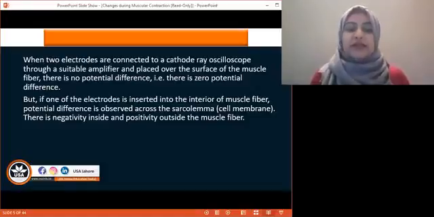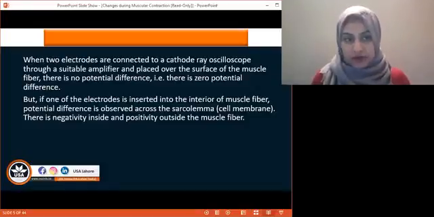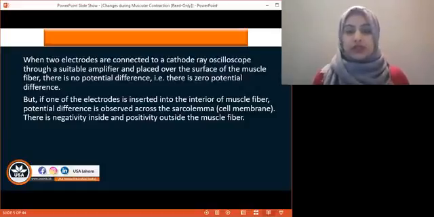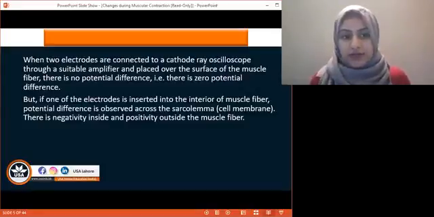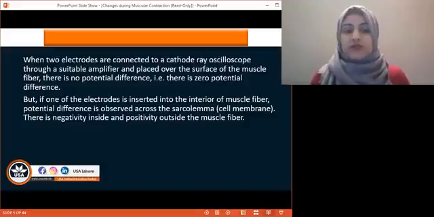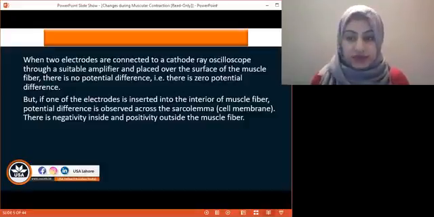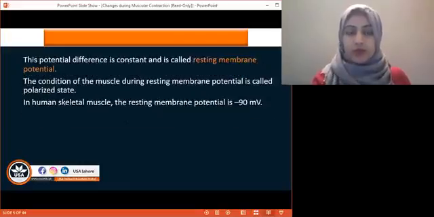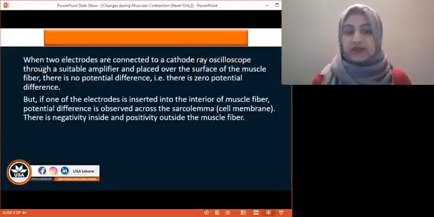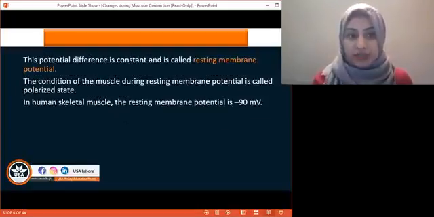But if you insert the electrodes into the interior of the muscle fibers, a potential difference will be noted across the sarcolemma. What you will see is negativity inside the cell and positivity outside the muscle fiber. So the potential inside the muscle is negative and outside the muscle is positive during resting membrane potential.